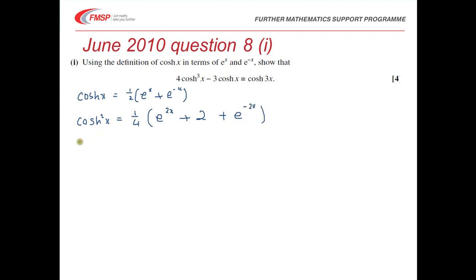And then we need cosh cubed. So cosh cubed x is going to be 1/8 of e to the x plus e to the minus x.